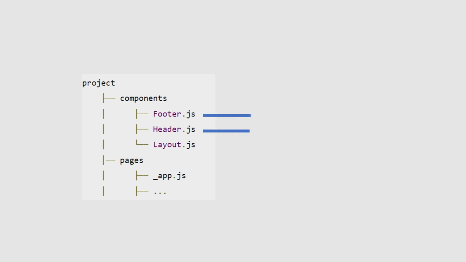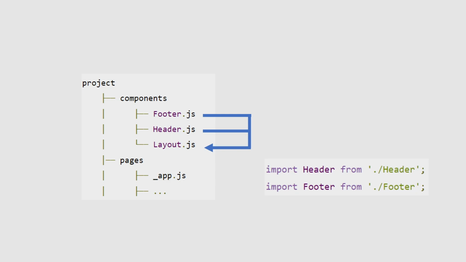For example, here we have the project structure like this. Again, we want to import the header and footer inside the layout. So here we will import with dot slash header, because the sources are present within the components directory itself.